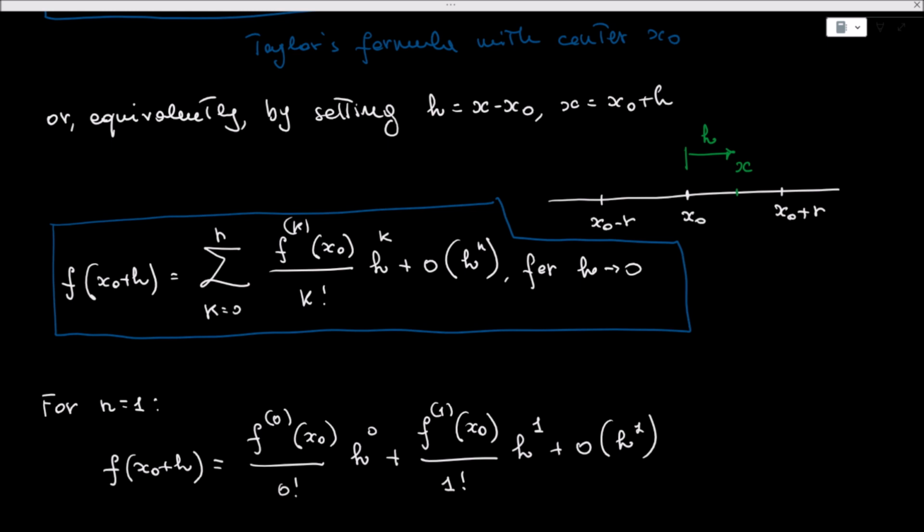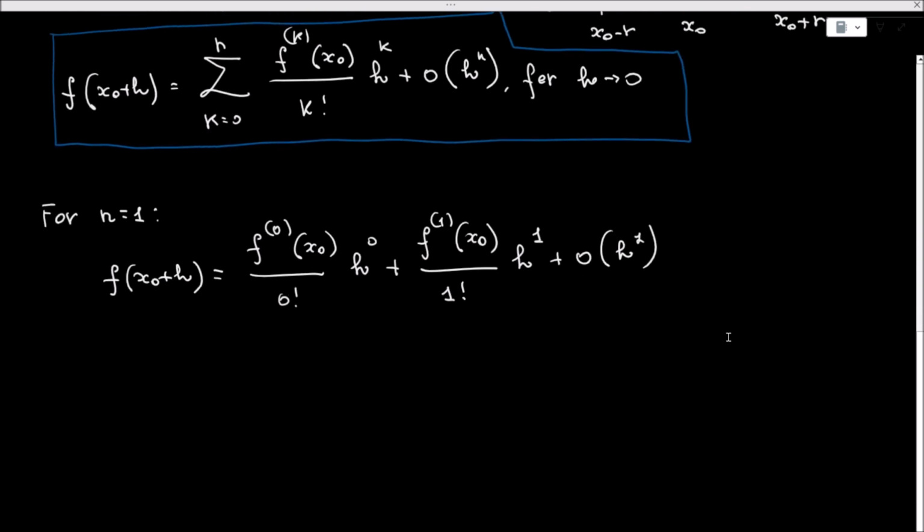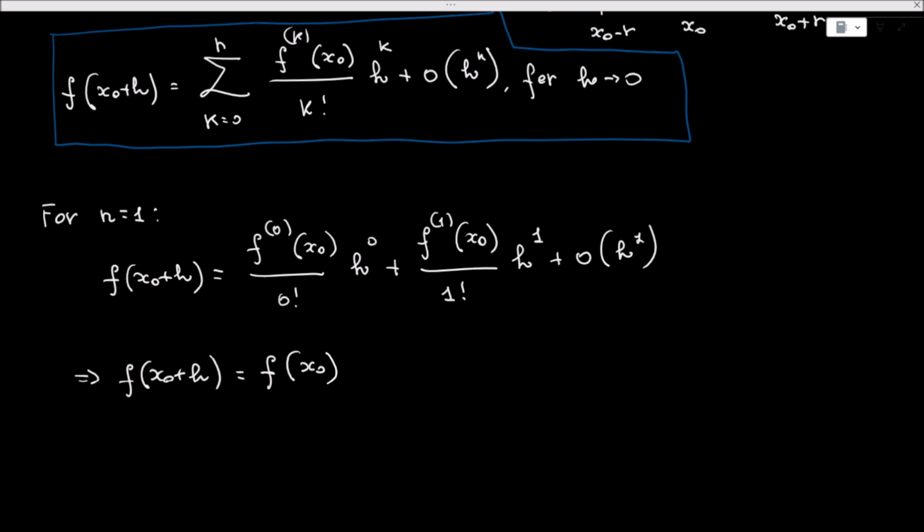This can be rewritten as f of x0 plus h equal to, remember that 0 factorial, just like 1 factorial, is just 1, and the derivative of order 0 is nothing else than the function itself evaluated at x0, times h to the 0, which is just 1, plus the first derivative evaluated at x0 times h, plus little o of h for h that goes to 0.